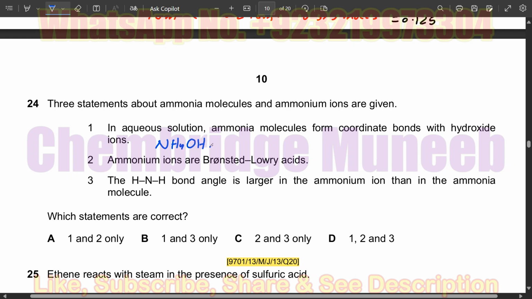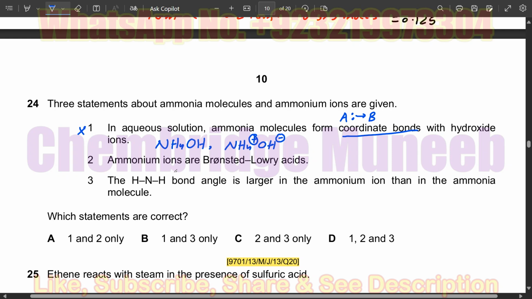Now here NH4 is NH4 plus and OH is negative. So the bonding between NH4 and OH is not coordinate bonds. Instead, it is the ionic bond because we have ions present. Whereas coordinate bond is the one in which one atom shares both of its electrons to form the covalent bond with the other atom. So A one is incorrect.